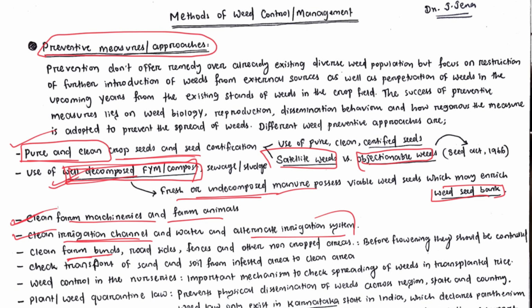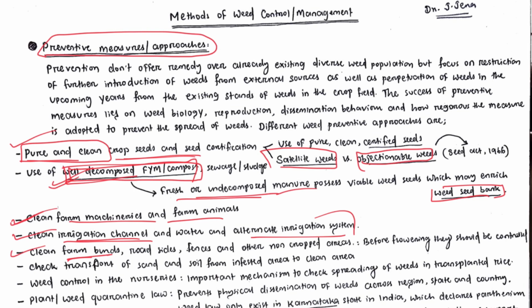If we allow weeds to grow in our irrigation channel or bund, then along with the irrigation water the weed seeds may enter our field. Again, if we allow weeds to grow on the field bund, the seeds will ultimately fall on the field. So we must ensure that we clean the field bund and irrigation channel regularly.